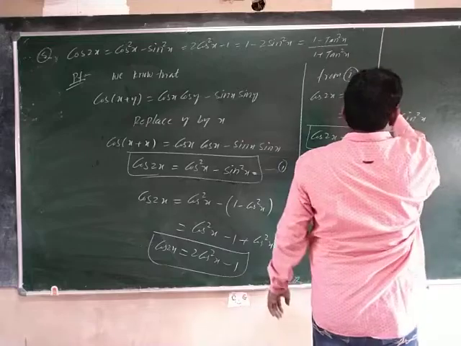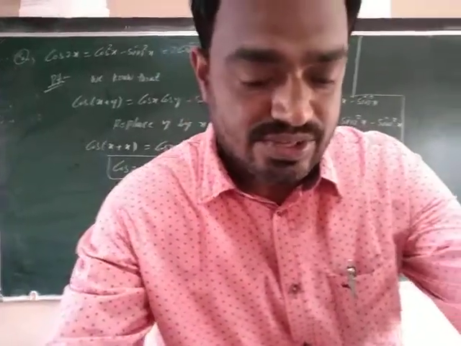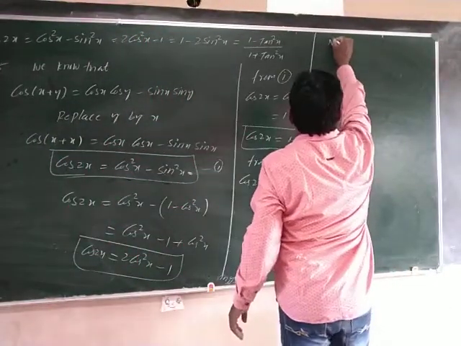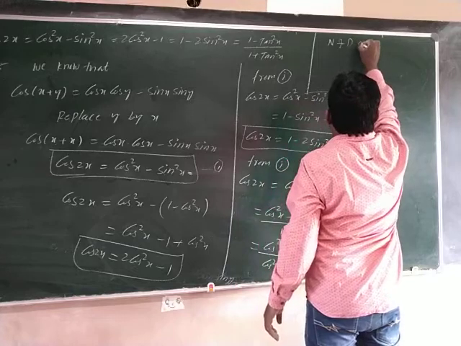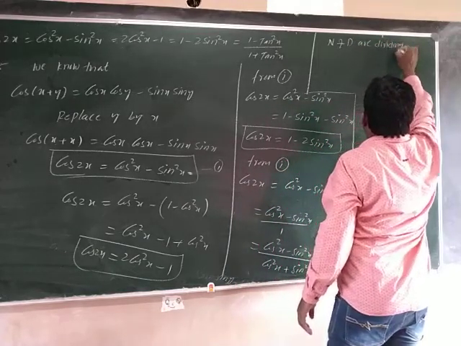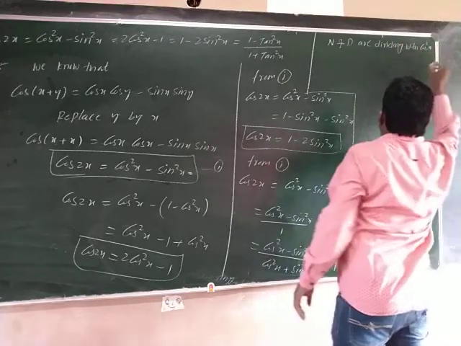Now numerator and denominator are divided by cos square x.